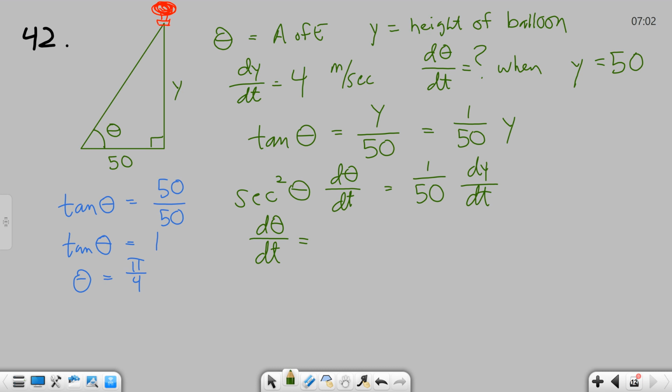Therefore, if I move it to the other side of the equation, it just simply becomes cosine squared theta. I still have a 1/50th there, and I still have a dy dt. Okay? And I would argue that that's an easier way to solve the problem instead of having to figure out what the secant is, which is something that most people aren't very strong at.